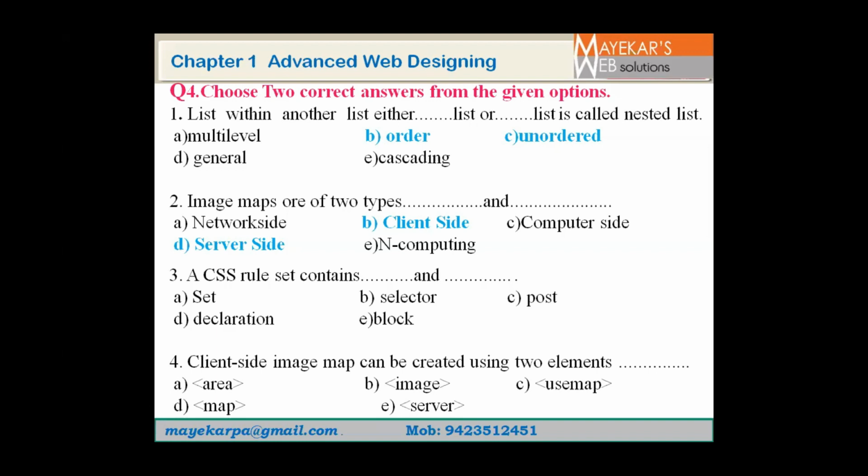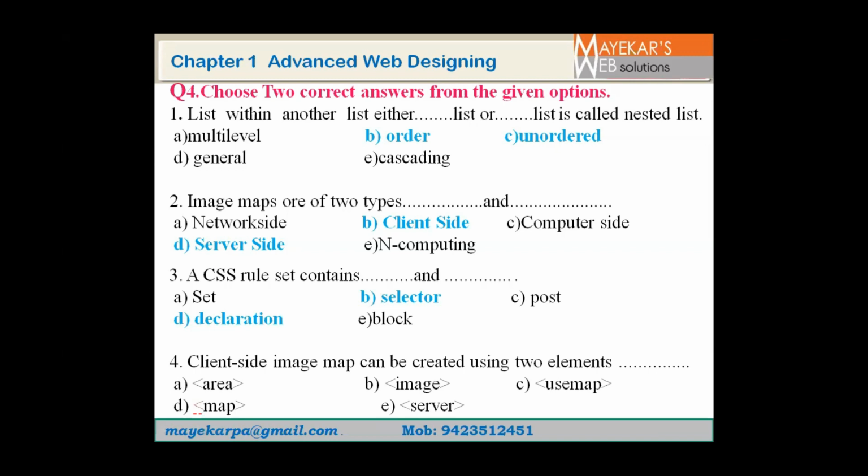So declaration block is always enclosed in curly bracket. We know that declaration block is always enclosed in curly bracket and it starts with the selector. Okay, so here right answer is selector and declaration. Okay, so CSS rule contains selector and declaration.